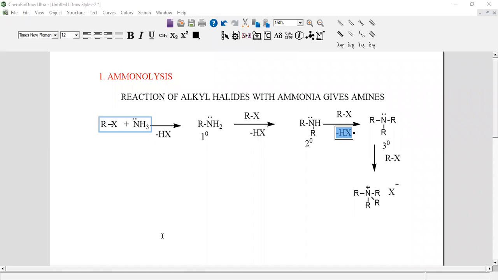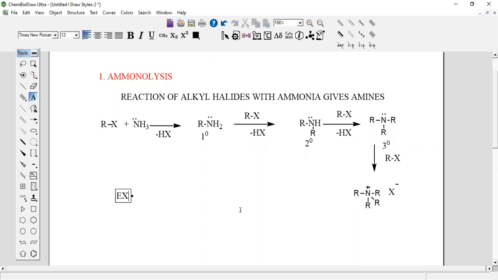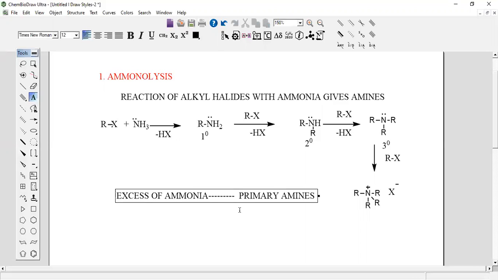See, in this alkyl halide and ammonia reaction, when both are used in excess quantity. Suppose when we use excess of ammonia, what we will get here is only primary amines. Remember, when we use excess of ammonia, the alkyl halide quantity is very less.